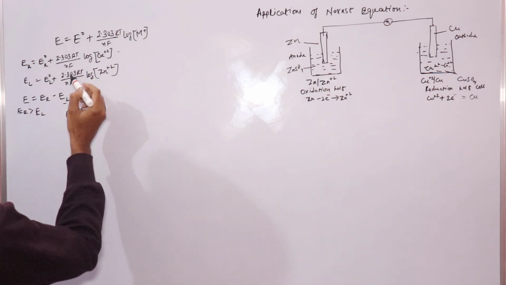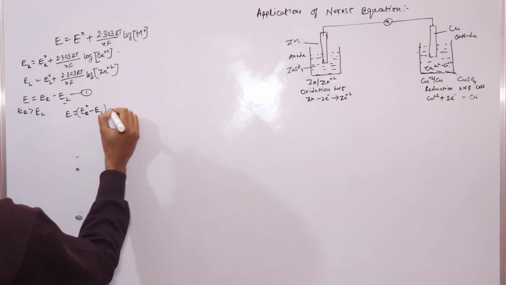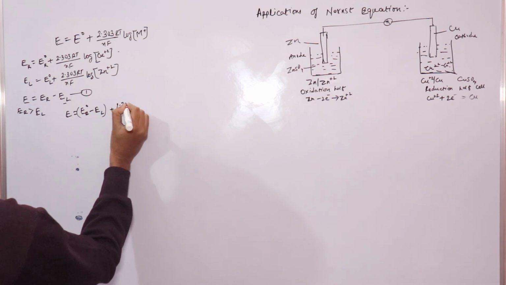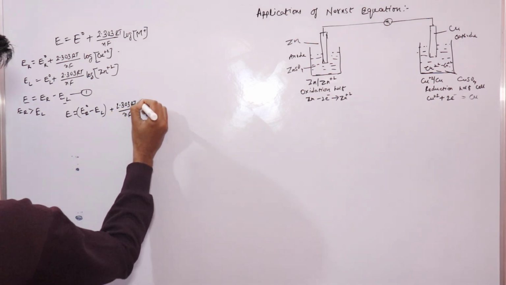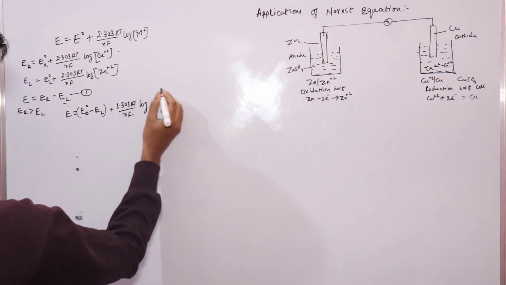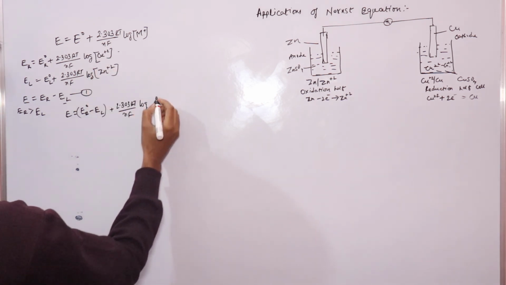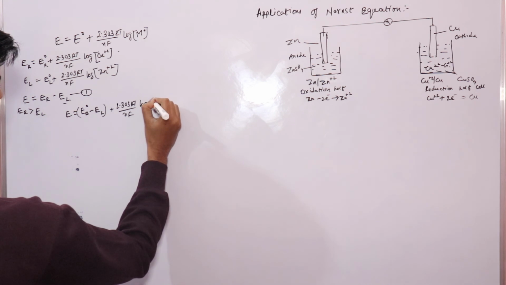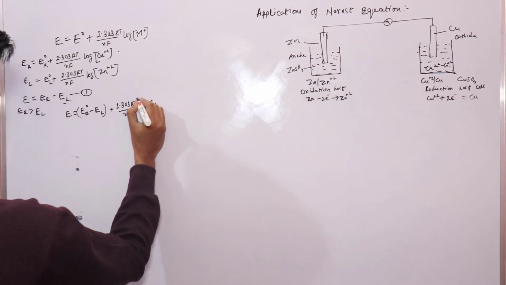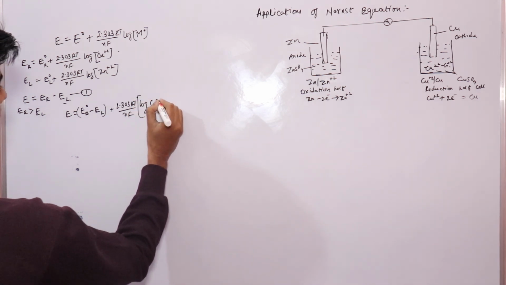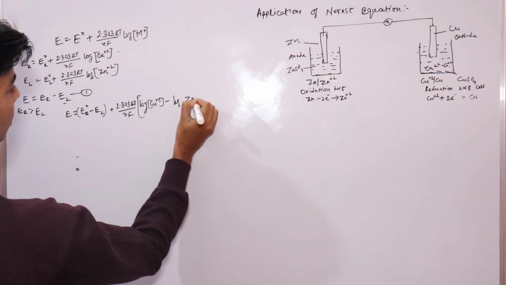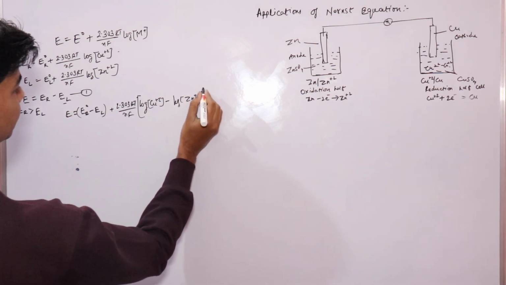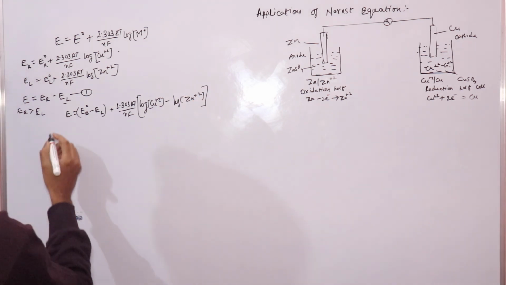If I subtract this from this, then 2.303 RT upon NF is common: log of copper ions minus log of zinc ions, right?